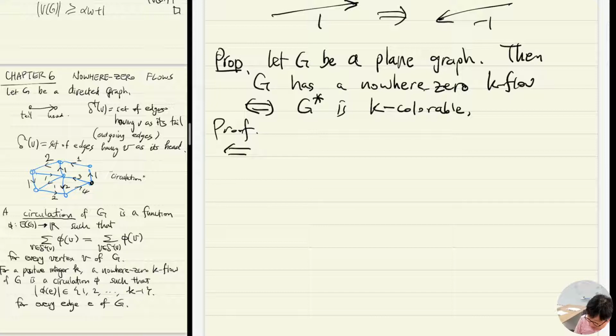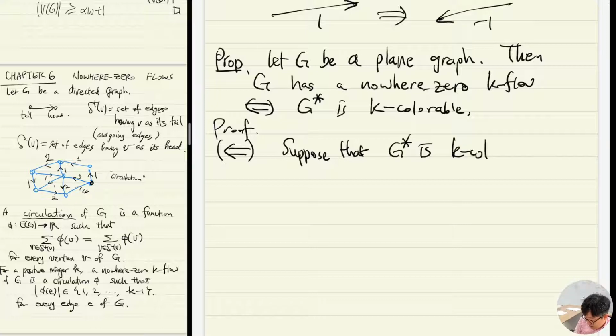So let's see the backward direction first. Suppose that the geometric dual is K colorable. That means each vertex in the dual has a color. But vertices of the dual correspond to the faces.